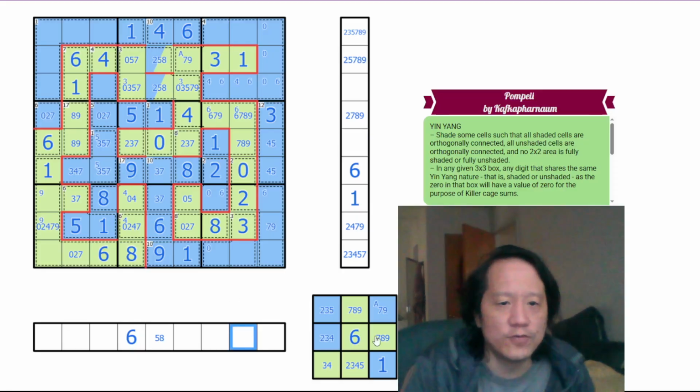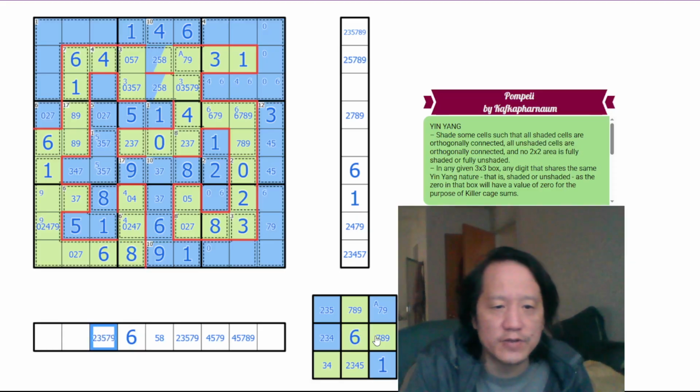We're missing 4, 5, 7, 8, 9. We're missing 4, 5, 6, 7, 9. No 6. We're missing 2, 3, 5, 7, 9. Here we're missing 2, 3, 4, and 7.